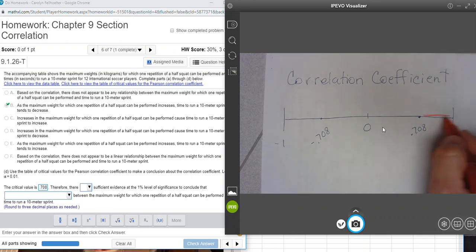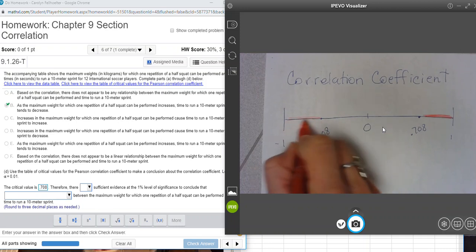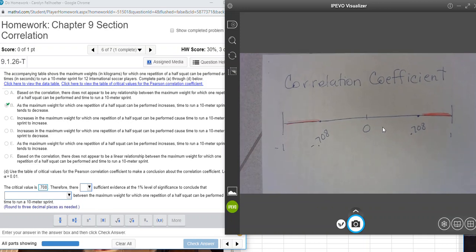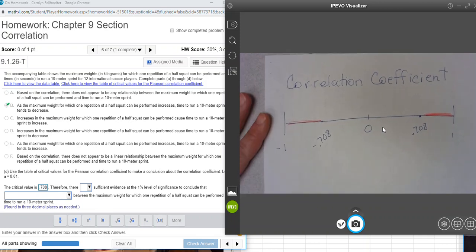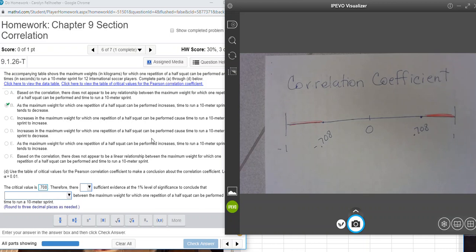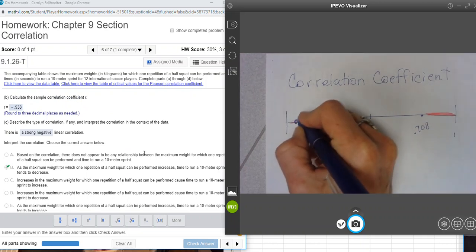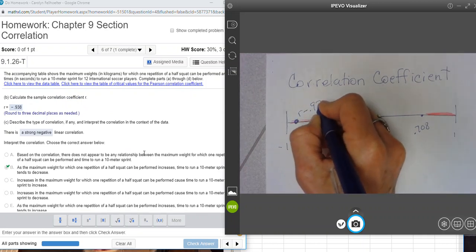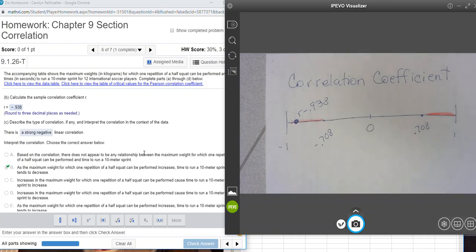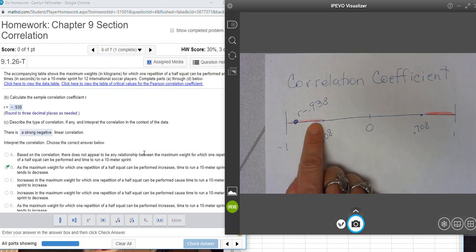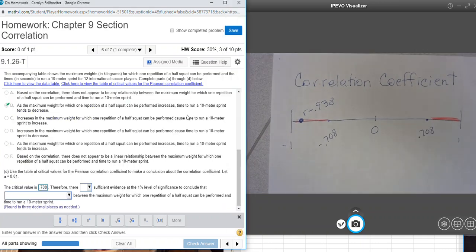So if R falls in this red portion, either here or here, then we have significant evidence for linear correlation. So what do we get for R? It's up here, we got negative 0.938. So that's going to be about right here. This is R, negative 0.938. So we do have significant evidence of negative linear correlation. So go ahead and select that.